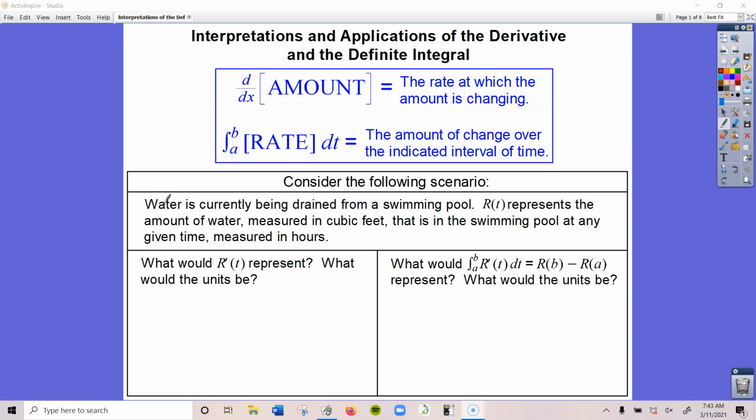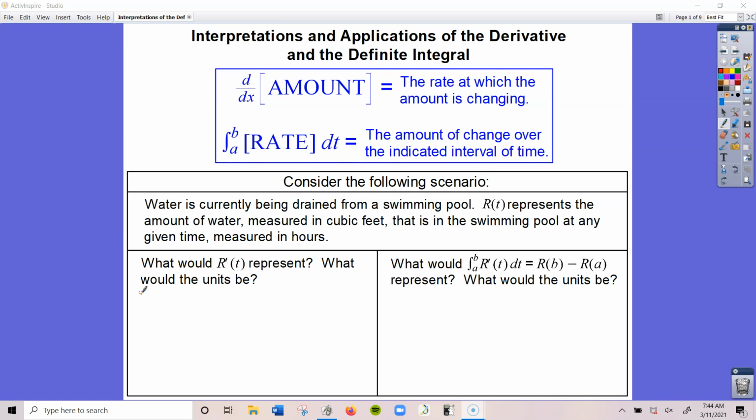It says here, water is currently being drained from a swimming pool. R of t represents the amount of water, measured in cubic feet, that is in the swimming pool at any given time, measured in hours. What would R prime represent and what would the units be? R of t represents the amount of water.